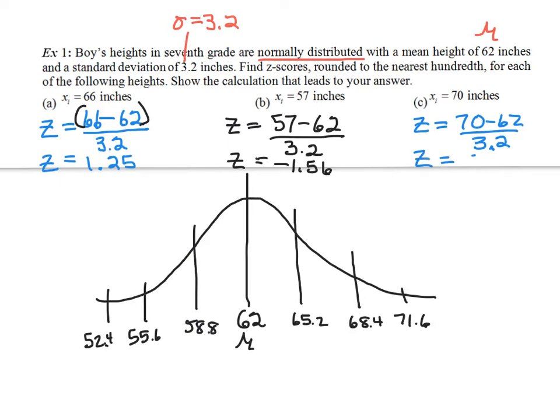In this case, I'm getting an answer of exactly 2.5. So if I look at this, I say, okay, 70 inches, that's going to be between 68.4 and 71.6. And in fact, it turns out to be halfway between those two. So that's why I have a half in my standard deviation. So 2.5 standard deviations above the mean.